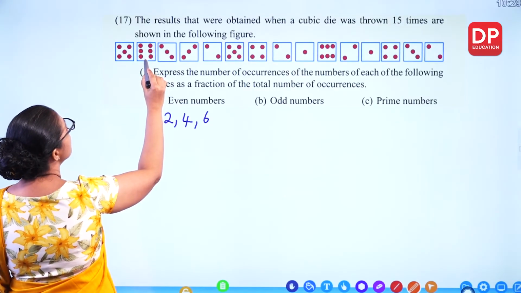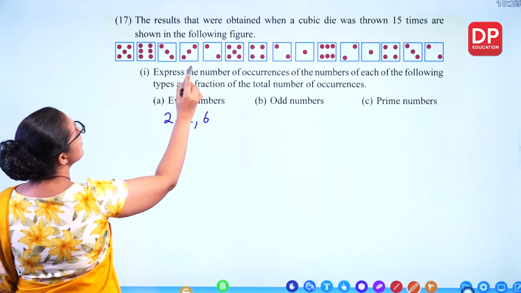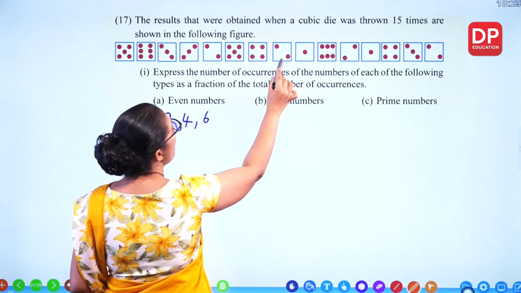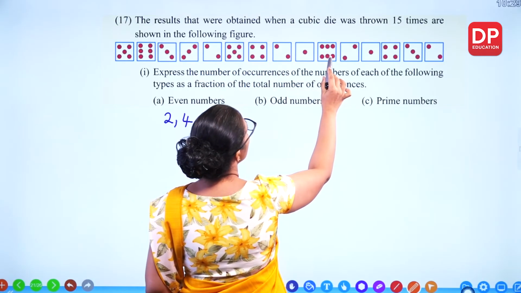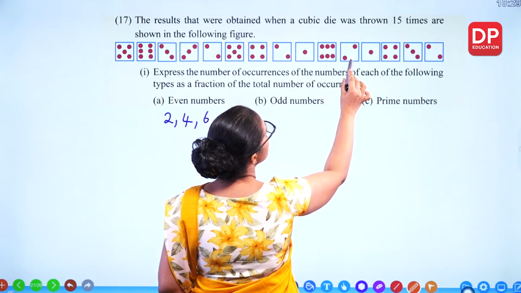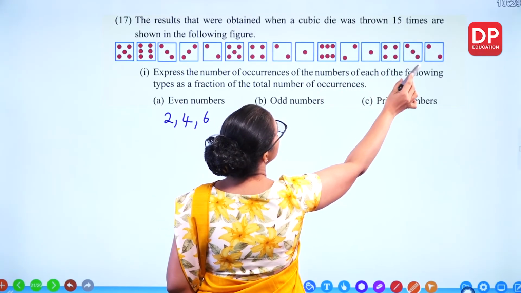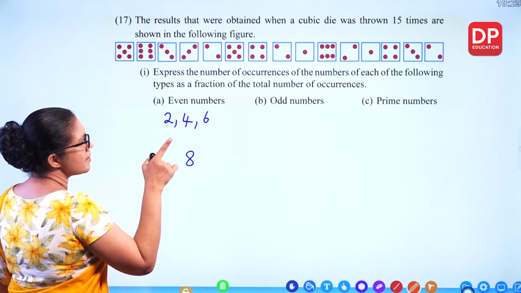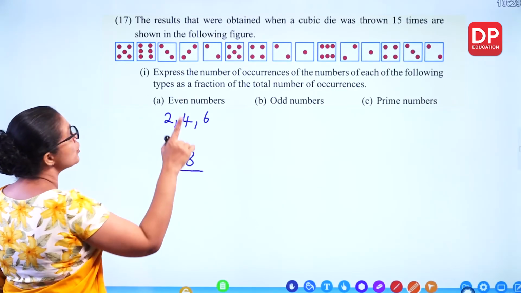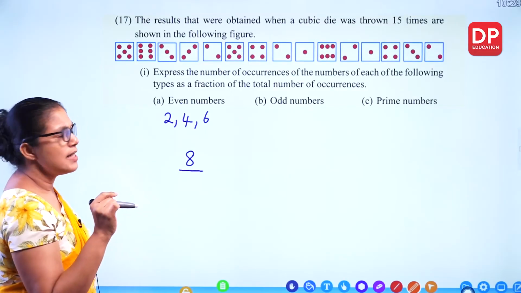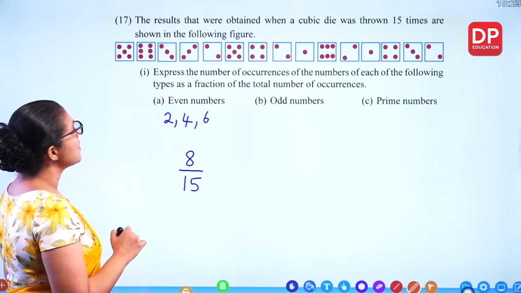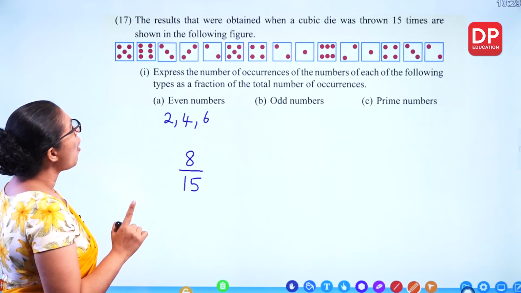Now see, how many are there? 1, 2, 3, 4, 5, 6, 7, 8. 8 occurrences out of altogether 15 occurrences are there. So 8 over 15 as a fraction. Odd numbers.